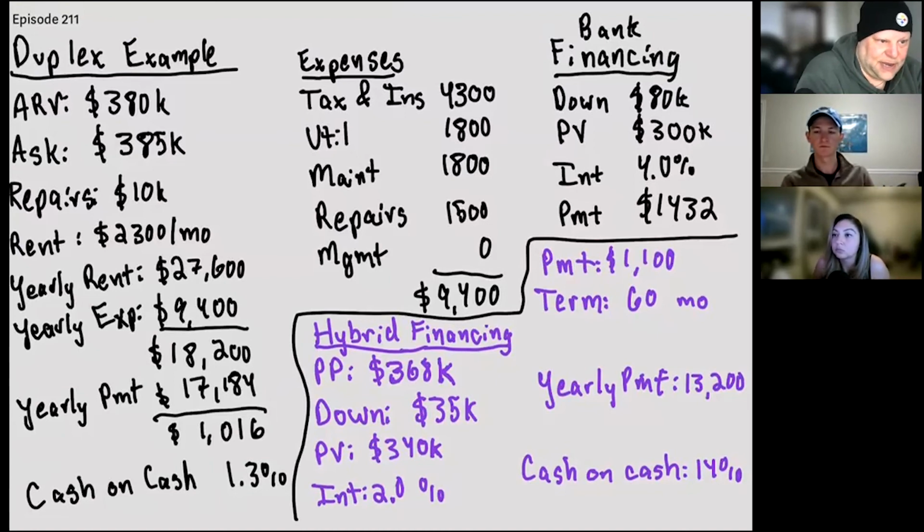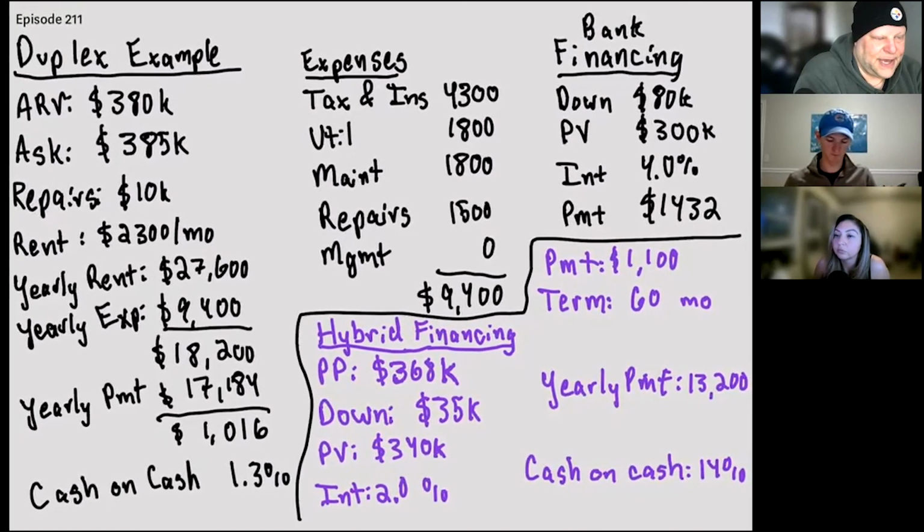So now it's 11, but they don't have anything more to do with it. They don't have to worry about fixing the roof or the furnace or whatever else. And now that they're making money on their money, they're getting a good price for their property, and they don't have to deal with all the headaches of being a landlord. Does that make sense?